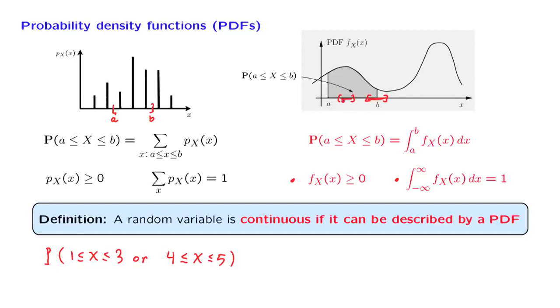We find the probability of the union of these two intervals by additivity, by adding the probabilities of the two intervals, since these intervals are disjoint. And then we can use the PDF to calculate the probabilities of each one of these intervals according to this formula.